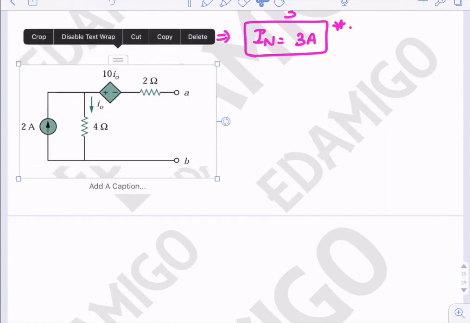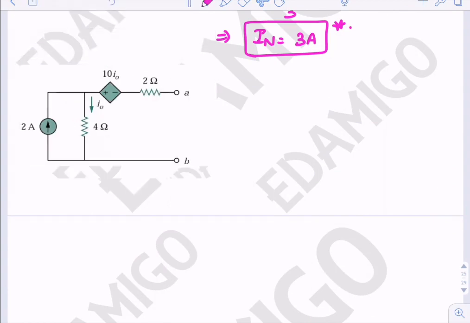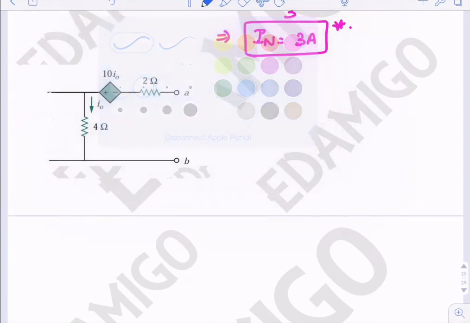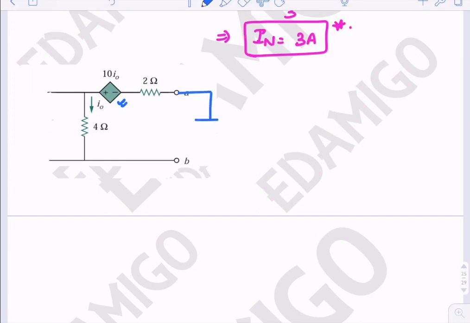The method is the same. To solve for RN, we will first of all open circuit this current source. We will remove it. Since there is a dependent source, we will apply a voltage V0, and we assume that the current here is I0, to find RN or RTH.